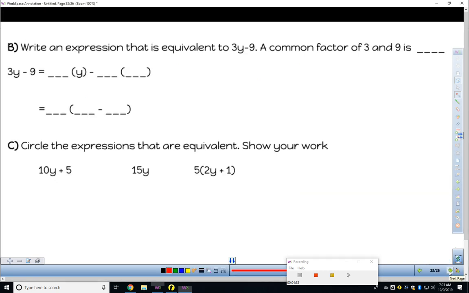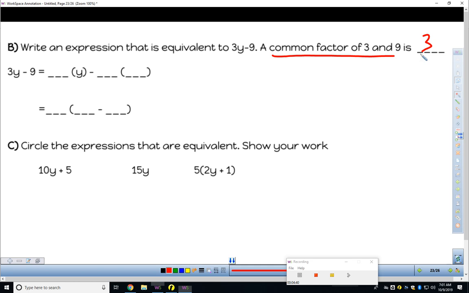Okay. We're going to write an expression here that is equivalent to 3y minus 9. And we're going to do that using the distributive property like we just showed in A. So first we're going to think of common factors of 3 and 9. That would be 3.